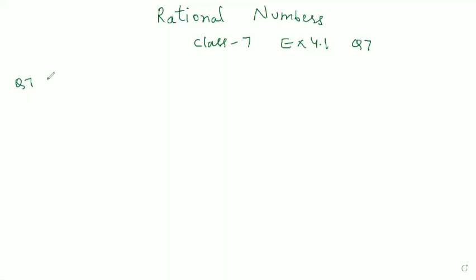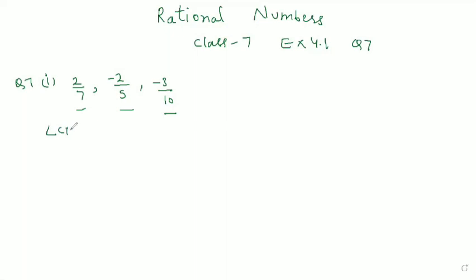The first part is given as 2 by 7, minus 2 by 5, minus 3 by 10. As you can see, all the rational numbers have different denominators, so we have to make them equal by equating the denominators.